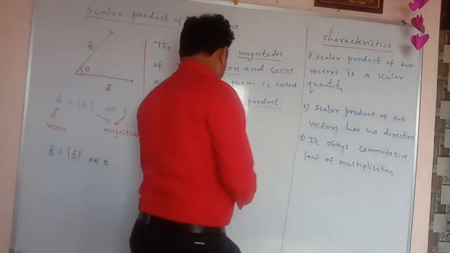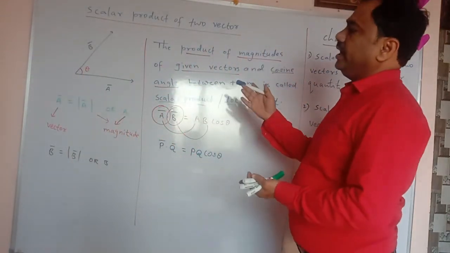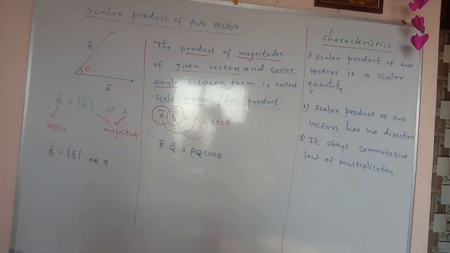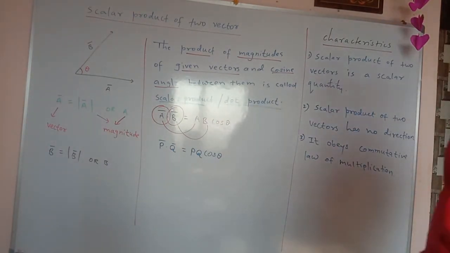So suppose we are taking here two vectors, vector A and vector B, and the dot product of these two vectors is AB cos theta.